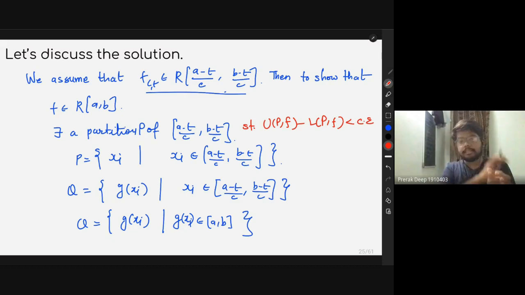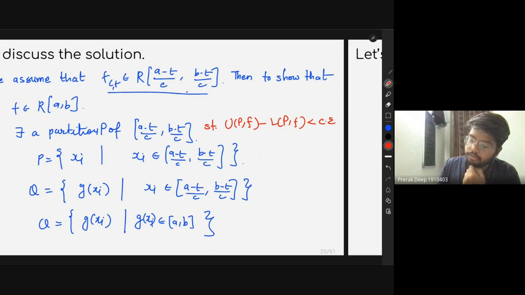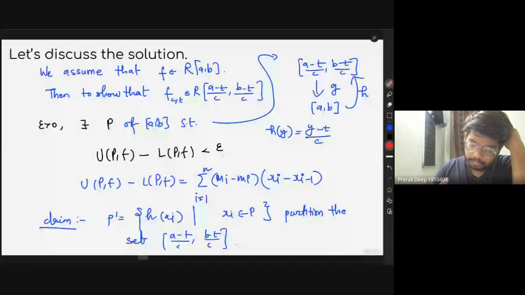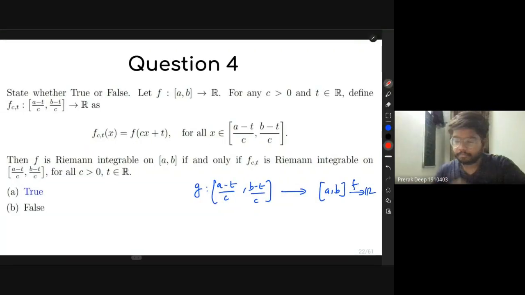So that whenever that c comes out, you can cancel it out from this thing. So it will exactly be smaller than epsilon. Okay, so this completes the proof of the fact that when f is Riemann integrable on [a,b], it is equivalent to say that f_ct is Riemann integrable on the interval [a minus t by c, b minus t by c].